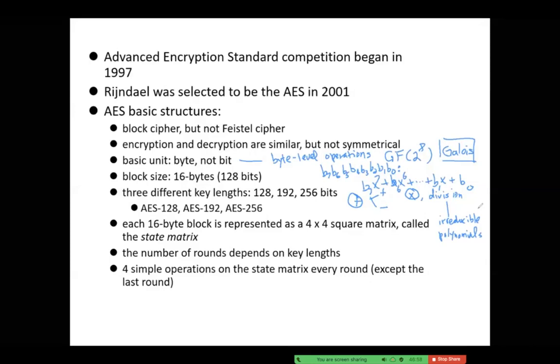The second is that instead of a fixed key length, AES supports 3 different lengths. One is 128 bits, the other one is 192 bits. The last one is 256 bits long. So for anything that requires strong confidentiality, you can then use 256 bits.